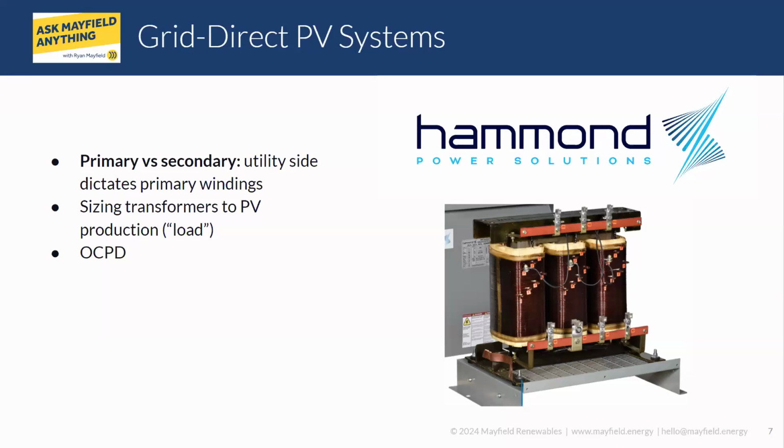So if the folks on the call aren't familiar with K ratings, it's basically an IEEE standard that has to do with utilizing transformers in a system where harmonics are present, and there's a scale that goes from K1 up through K20. The higher the number, the more harmonics are present.